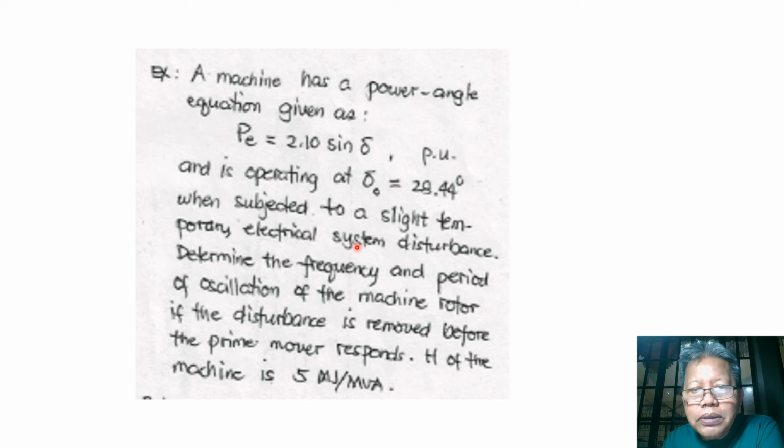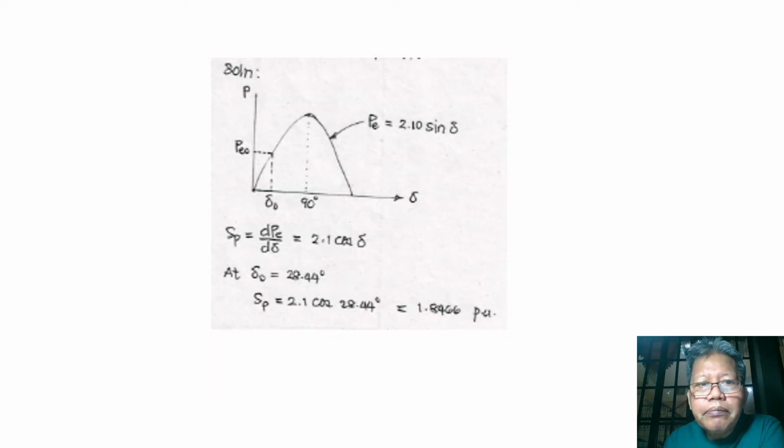Now, when subjected to a slight temporary electrical system disturbance, determine the frequency and the period of oscillation of the machine rotor if the disturbance is removed before the prime mover responds. H of the machine is 5 megajoules per MVA.